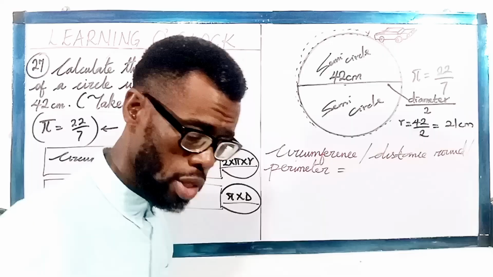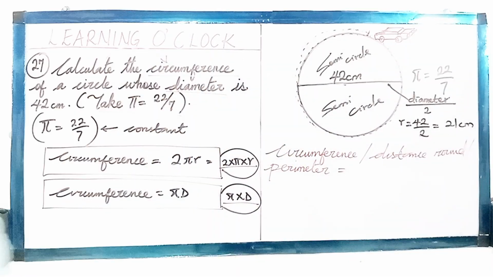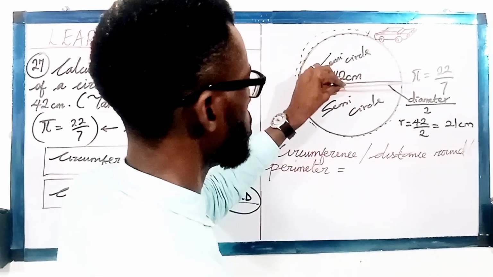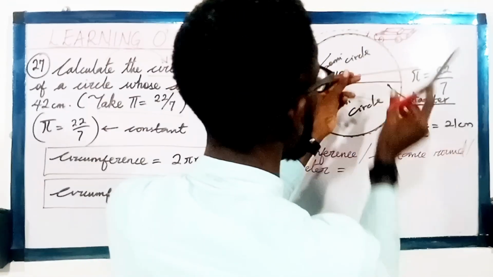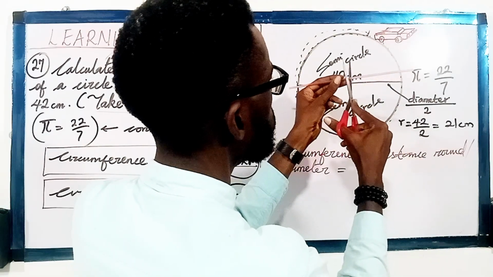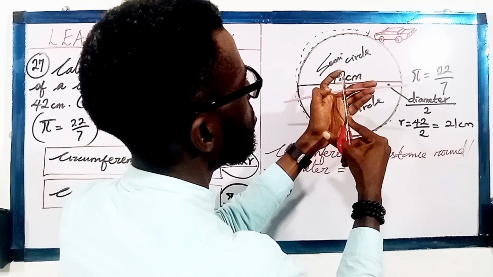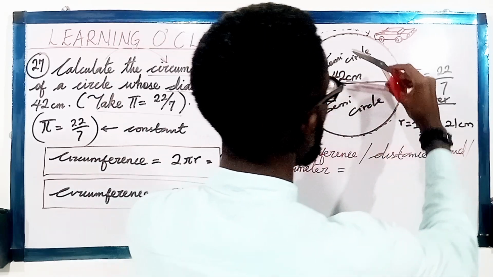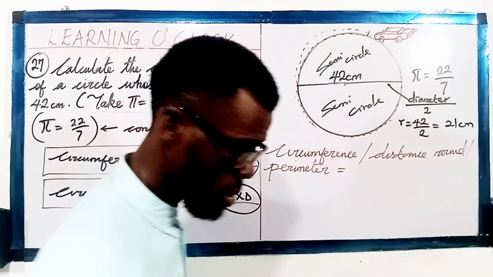So that's the radius. So this is my diameter, right? Once I cut the diameter into two, boom, this becomes the radius. So half of a diameter is the radius.